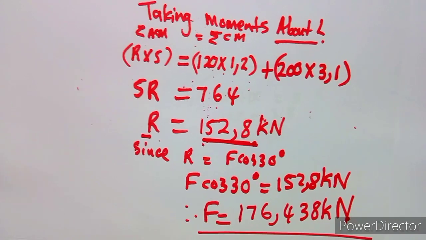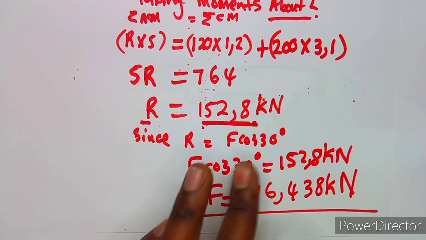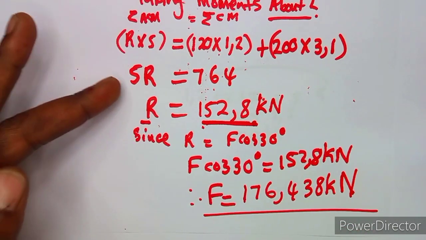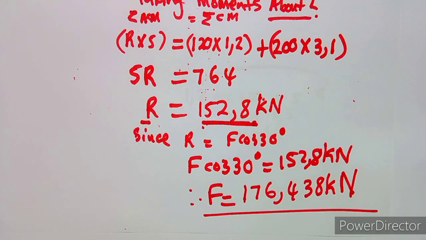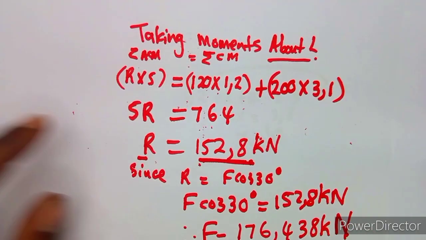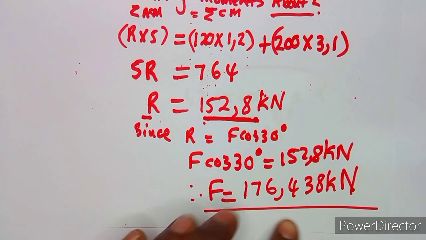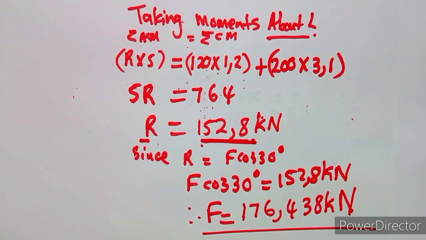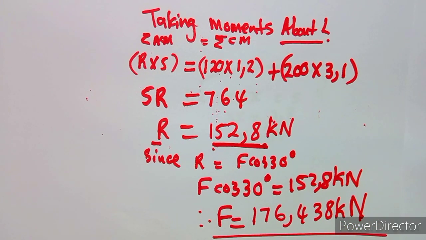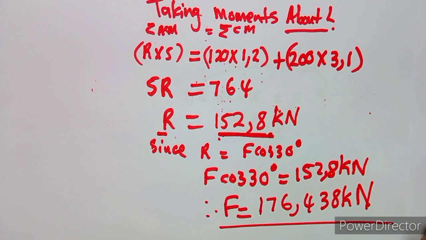So like I said, we could have maybe worked with this direct, but you could just calculate your R as usual, as you know your R. Then you use that R, because you know that R is equal to F cos 30. You can formulate an equation from there. But these are direct moments. These are moments which they are just trying to twist in another way. They are just trying to twist these questions, but these are actually moments, as we know.